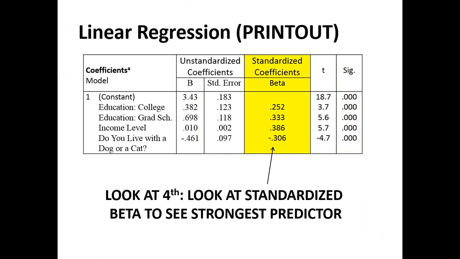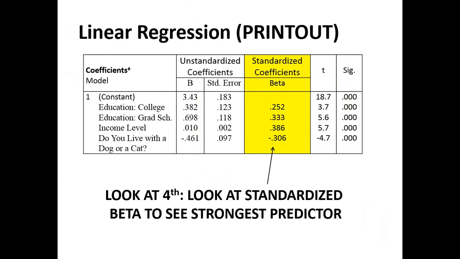All right, next, the standardized coefficient beta, right? So this will tell us the strongest predictor in the model. It doesn't matter if it's minus or positive, but the higher the standardized coefficient beta, the more powerful the predictor.